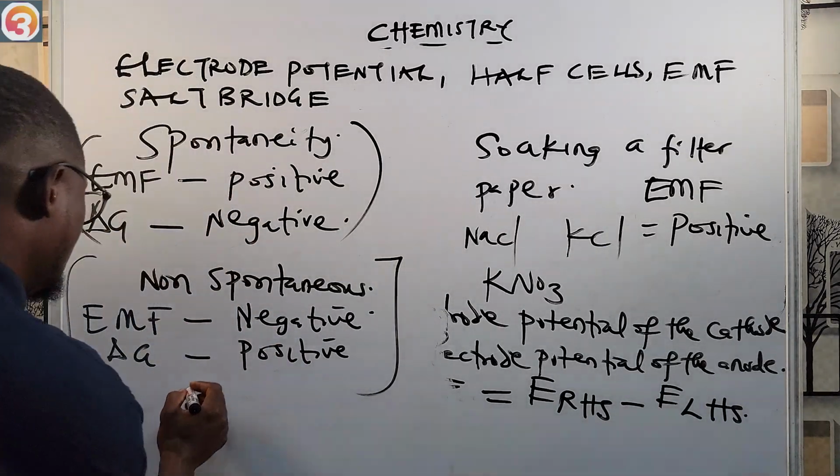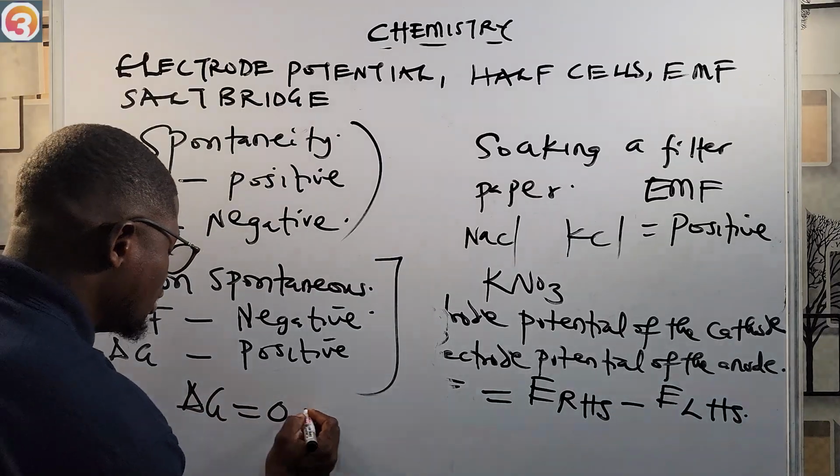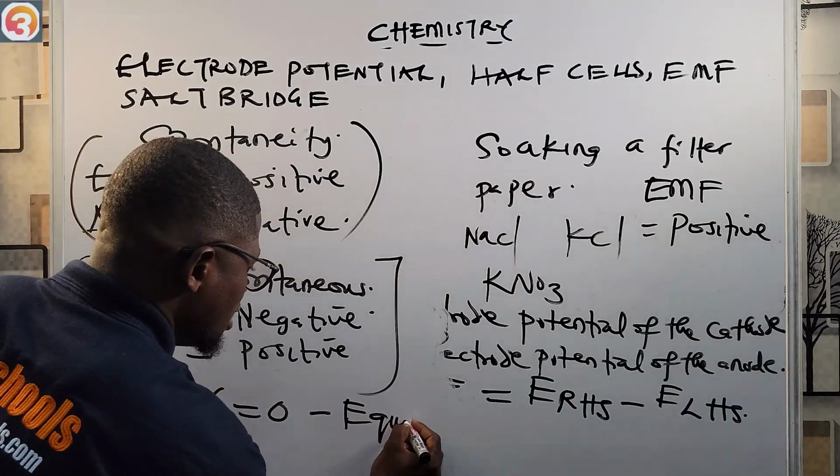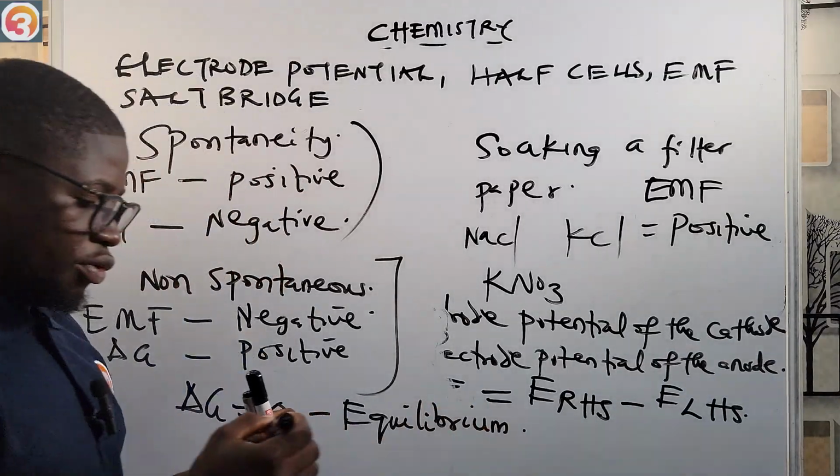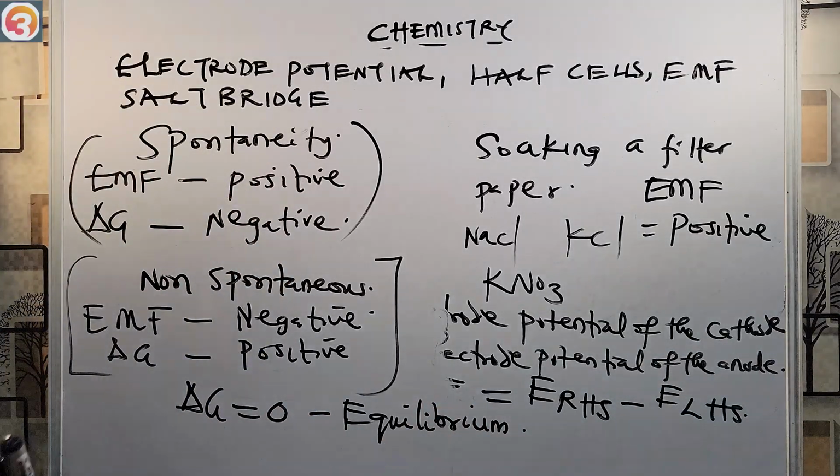But if delta G is equal to zero, we say that system is in equilibrium. So you must take note of that.